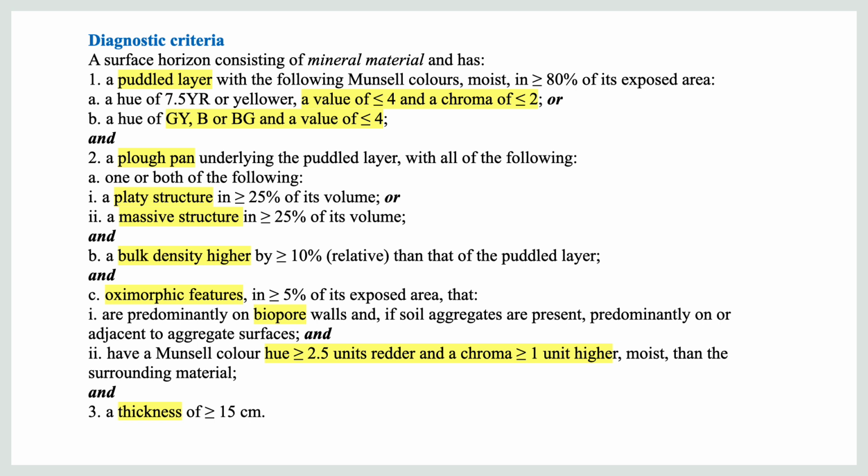The anthraquic horizon also should present redoximorphic features in at least 5% of the area, especially in biopores, or pores expressing concentration of iron in some specific zones where water is absent and oxygen is abundant, expressing that we have some specific conditions that induce iron oxidation.